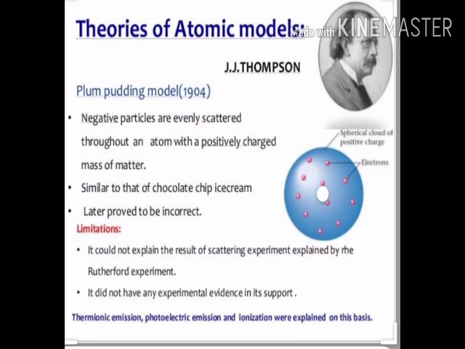Therefore, the plum pudding model of J. J. Thomson was discarded by other scientists like Bohr, who gave modern atomic theory, in which we found that electrons revolve around the nucleus in their fixed orbits, and nucleus is a place which contains protons and neutrons.